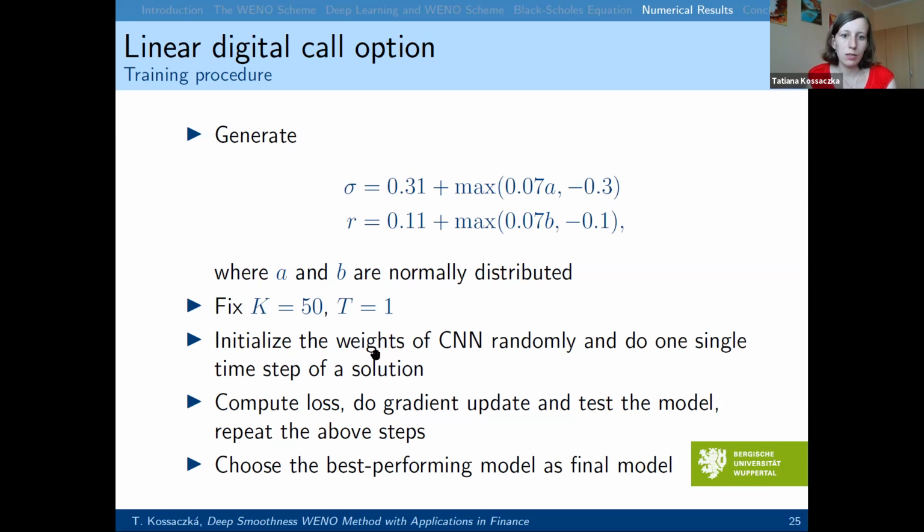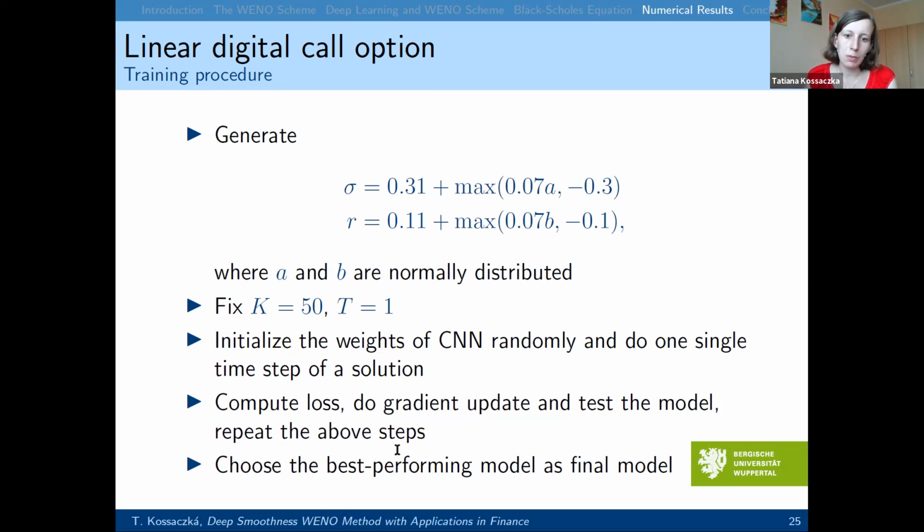We initialize the weights of the neural network randomly, and we do one single time step of a solution, because as I said, these oscillations in the solution are present basically in the first few time steps. So we just show the neural network the first time step of the solution. After that, we compute the loss, do a gradient update, and test the model, and then repeat the above steps.